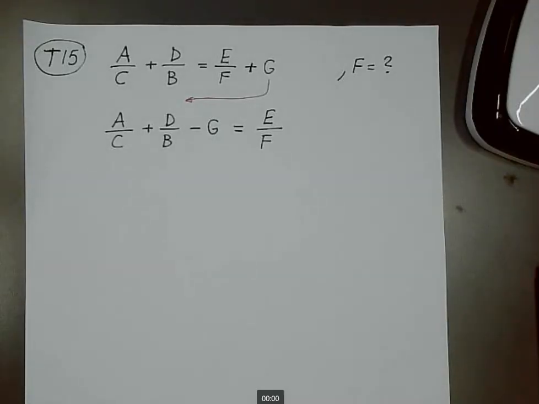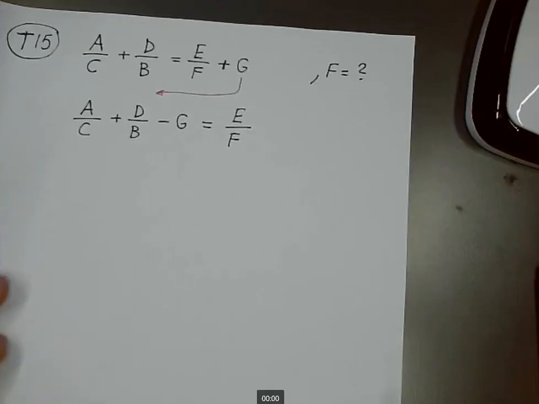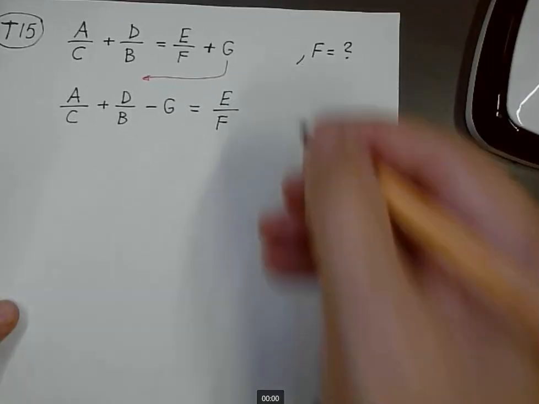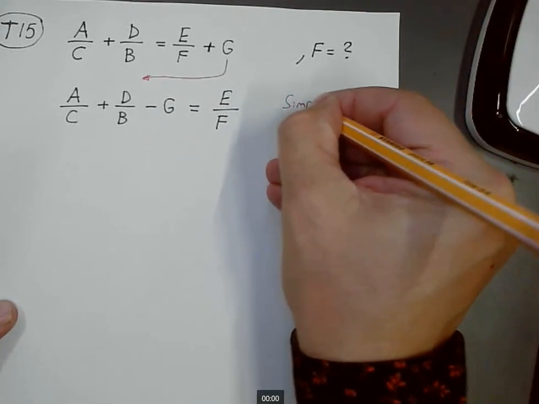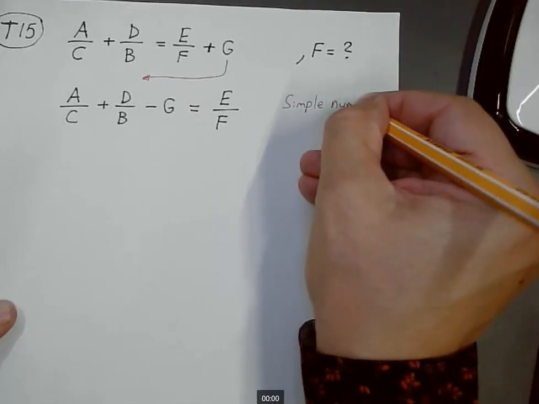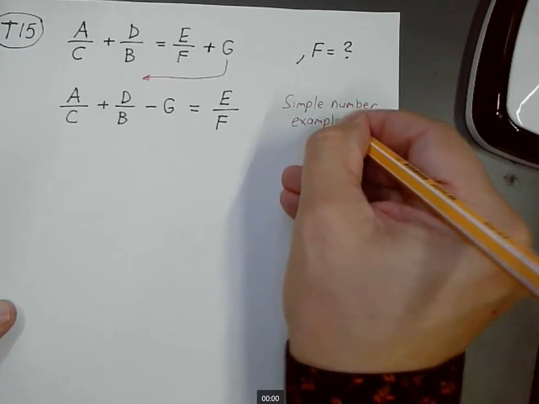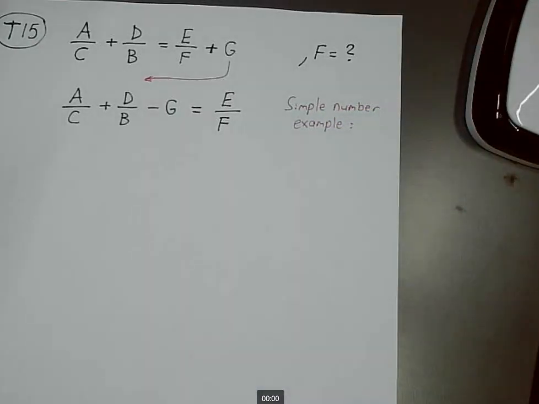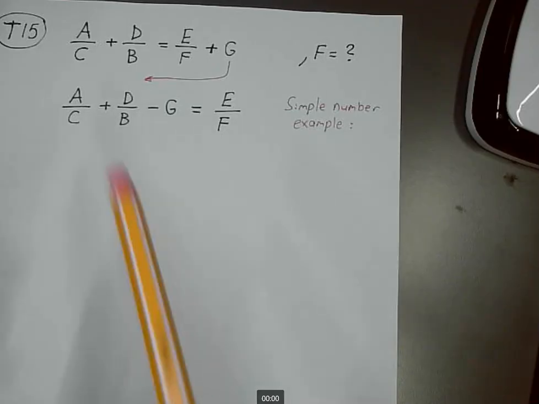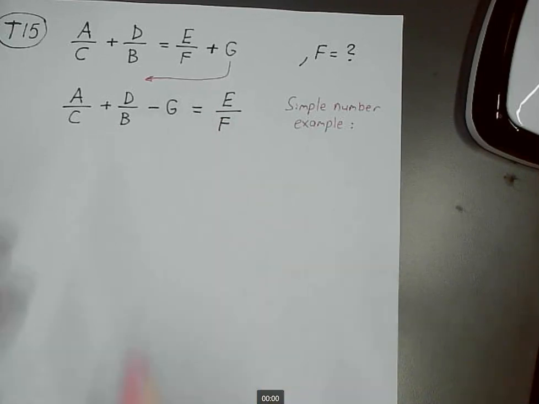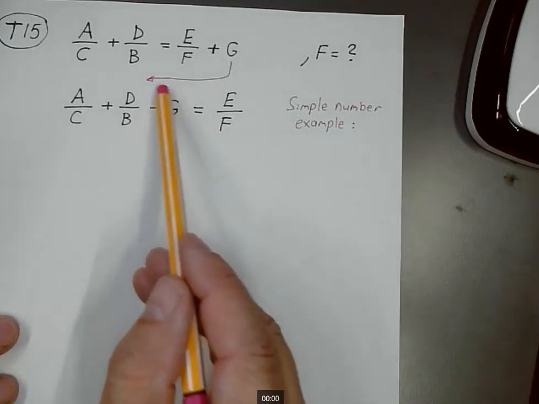And at this point, I would use some simple number example. If you are not sure what to do next, this will help. So I will use this kind of way.